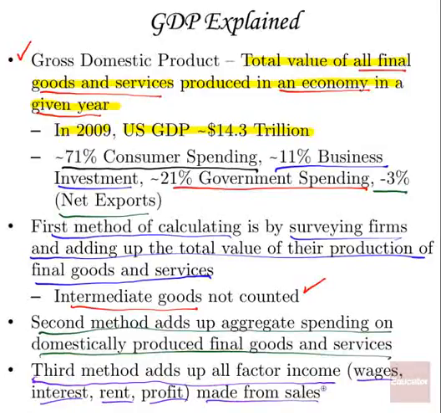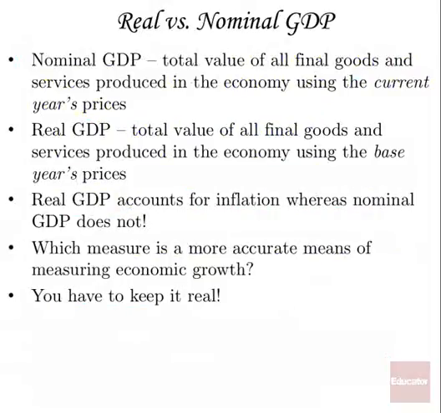How much does all the income that is earned by Americans, what does that produce? And basically what we said here is that Americans earned $14.3 trillion, at least in 2009. So those are two different ways that they try to reconcile together in order to get a fuller look at what the GDP is. We're going to go ahead and take a look at real versus nominal GDP.